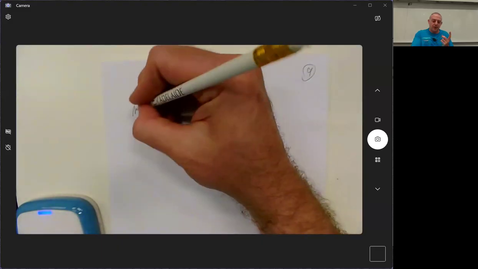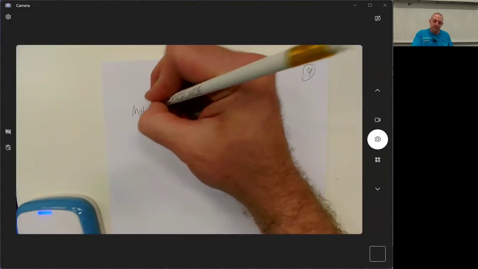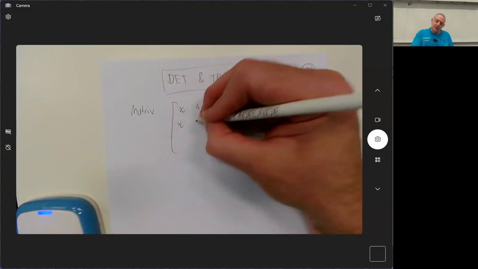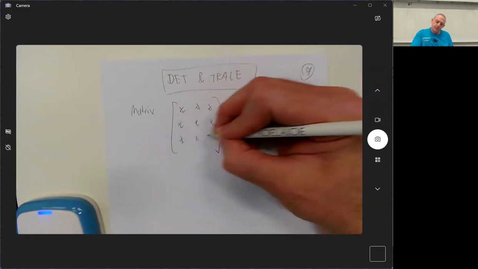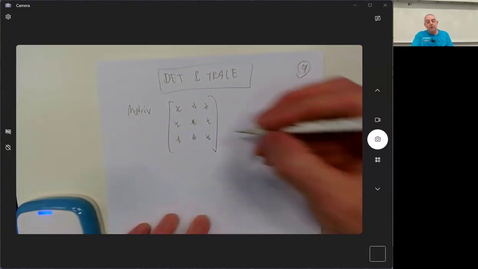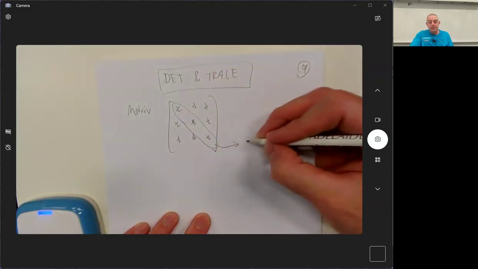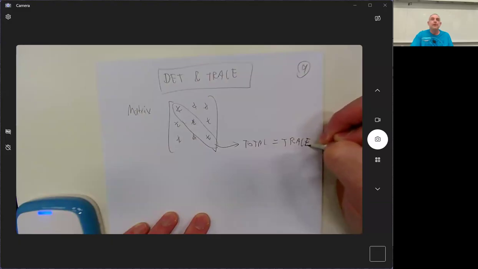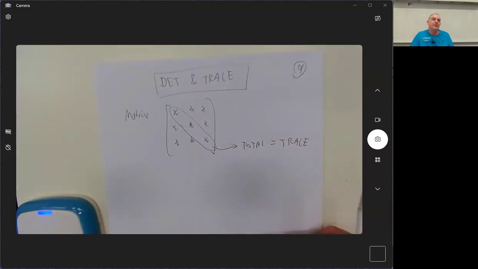So you've got a matrix, right? And it's got numbers in all of these spots. The total of this downwards diagonal is what the trace is. That is, as I said, pretty silly.